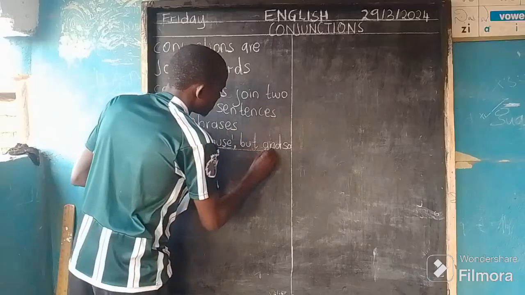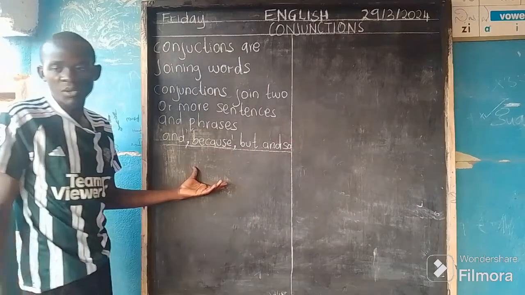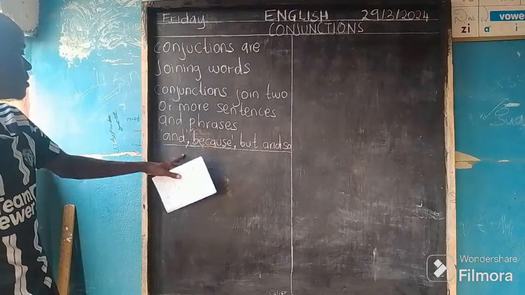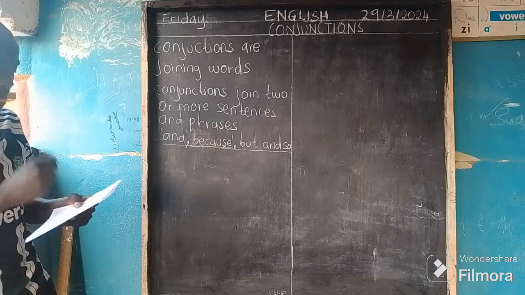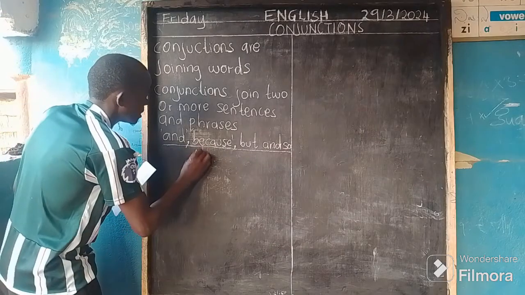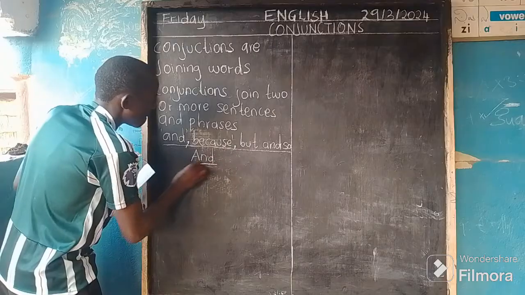So these are the 4 types of conjunctions that we are going to look at today. The first type of conjunction is and, so we are going to start with and.